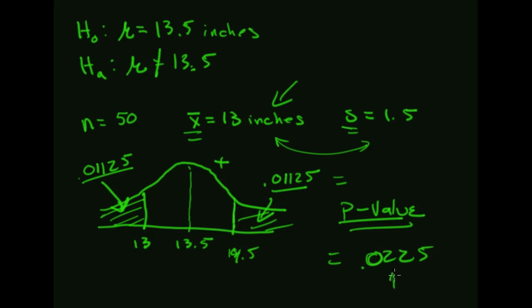So I have a 2.2% chance of finding a laptop that is more extreme, or, sorry, that's not correct. There's a 2.3% chance that my estimate is more than a half of an inch off from the actual mean of the laptop widths, right?